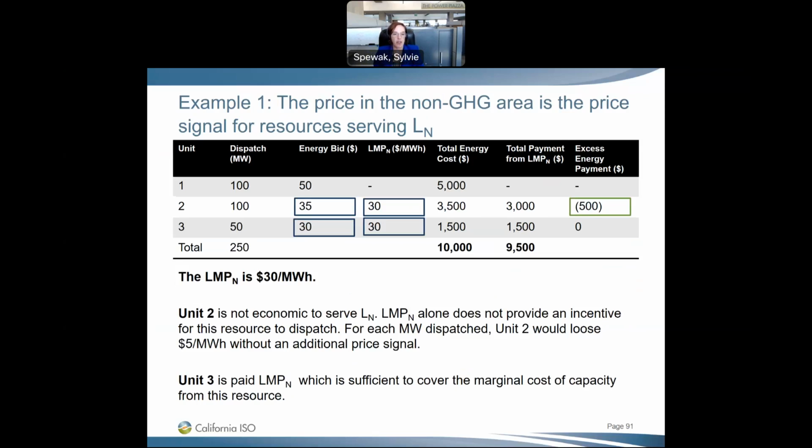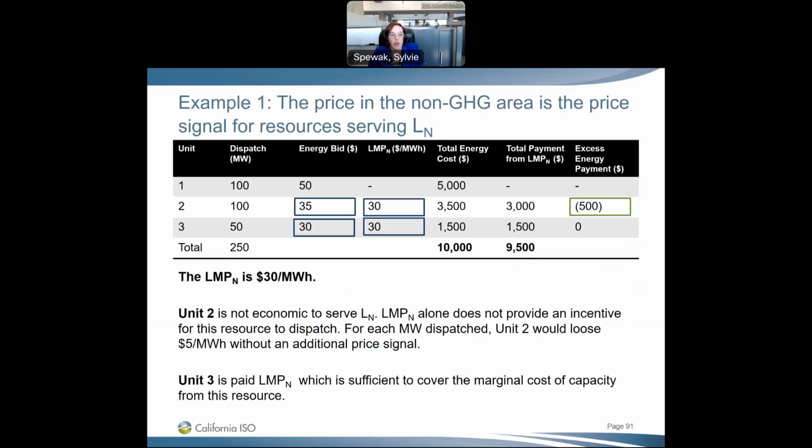So we see the total cost of Unit 2 is $3,500, but it only gets $3,000, that's 100 megawatts dispatched, times LMPN from this price signal. So it receives a negative excess energy payment, or it's in the hole here. LMPN is not sufficient to cover this resource's energy costs.